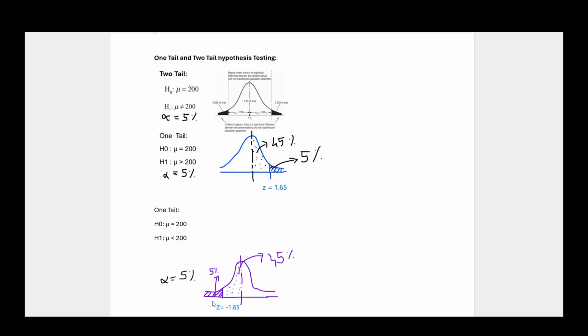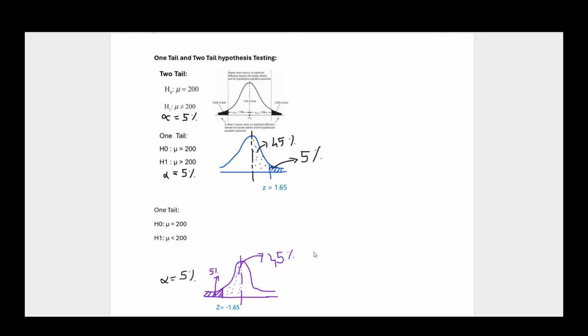If it falls here, then we conclude that there is a significant difference, and hence we reject the null hypothesis that mu is 200. Actually we conclude that mu is less than 200, since it is falling in this area. So this is how we state and test the hypothesis, null and alternate hypothesis.